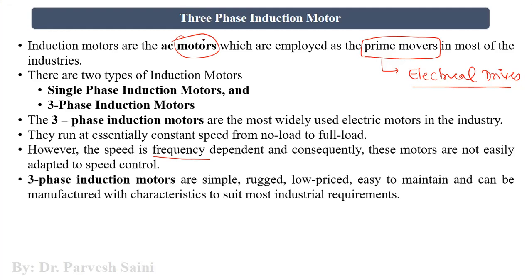The construction of three-phase induction motors is very simple. They have a robust construction. Their price is quite low. That means they are cost effective, and it is quite easy to maintain these types of motors.